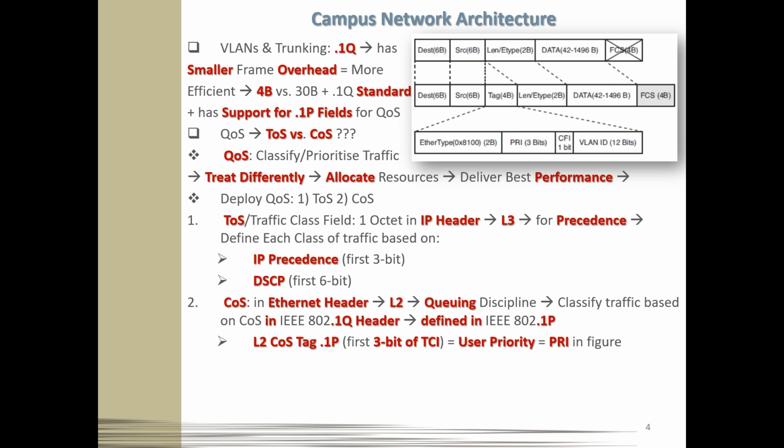In fact, type of service, TOS, is a byte in the IPv4 header which is used for precedence, or in other words, in order to categorize traffic classes. So we can have precedence 0, precedence 1, precedence 2, precedence 5, and then we can say precedence 0 is the routine or normal traffic, whereas precedence 5 is critical traffic, for instance.